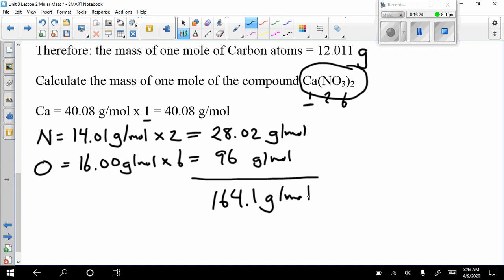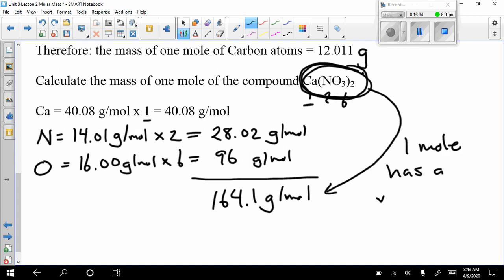So every mole of calcium nitrate has a mass of 164.1 grams per mole. So look at that. We can calculate the mass of 1 mole of anything.